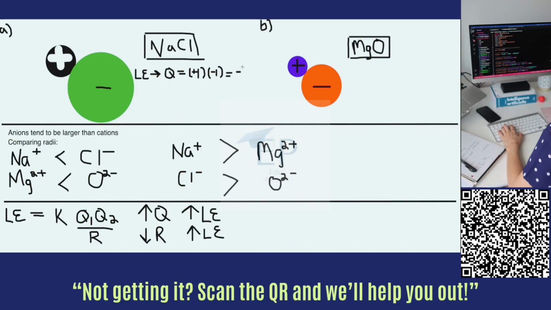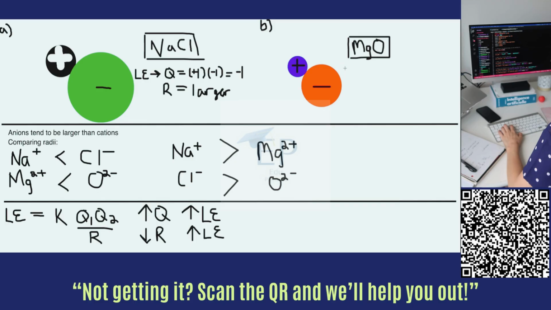So Q is going to be negative 1. In addition, while we don't have the exact value for R, we know that sodium chloride has bigger ions, so the R is larger, at least in comparison to B.